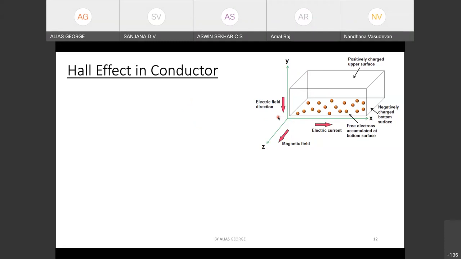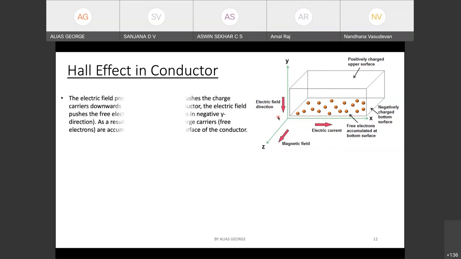Sanjana, I will come back to you. IB divided by net. So when Hall voltage is negative, we can say that 1 by N is also negative. Is there any problem? We described 1 by N as Hall voltage. If Hall voltage is negative, of course we can say 1 by N is negative.